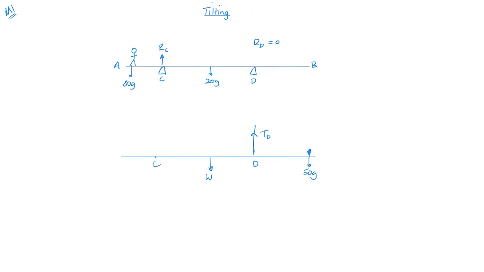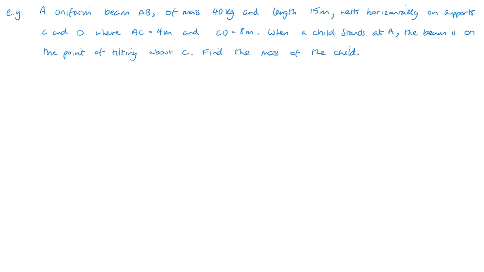So let's look at the first example. I have a uniform beam AB of mass 40 kilograms, so that 40 kilograms is in the middle because it's uniform, and length 15 meters. It rests horizontally on supports C and D, where this is 4 meters and CD is 8 meters.